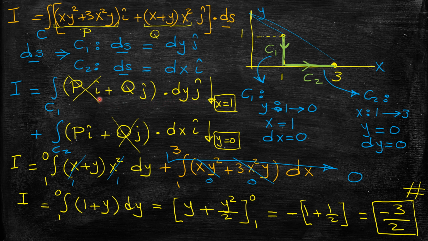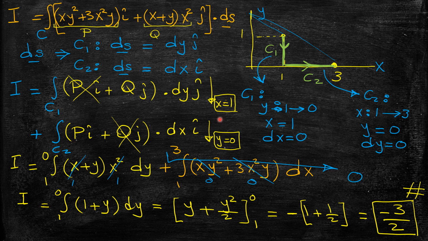We'll cancel the different components. So in the first term, just the y component, or components with the j unit vector, will remain. The other parts will be cancelled out. And in the second integration, the parts other than the i components will cancel out. So Q here will be cancelled.